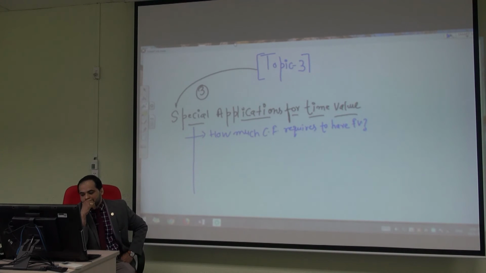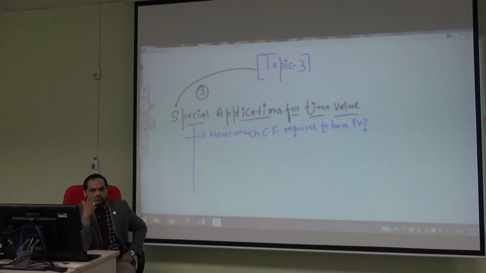What does it mean? The example is, you are planning to study abroad in the next 5 years. Let's say after 5 years, you need $50,000. You go to the bank because you don't want to take a risk, so you're looking for a less risky investment, since you really require $50,000 after 5 years.